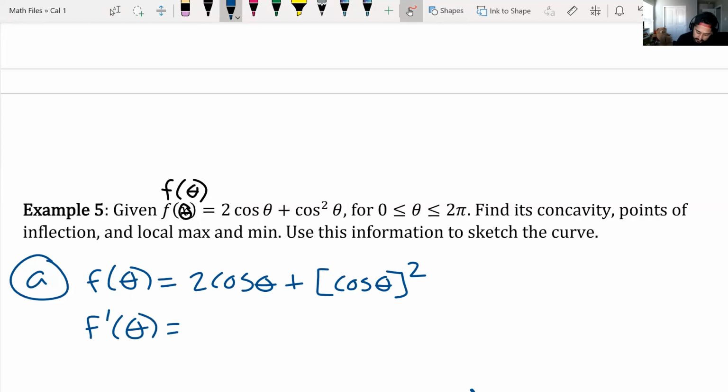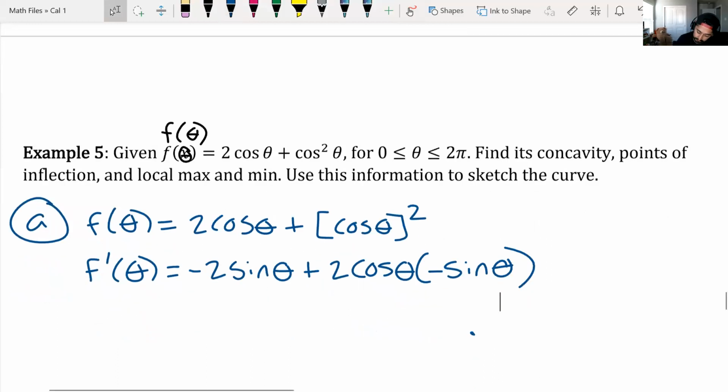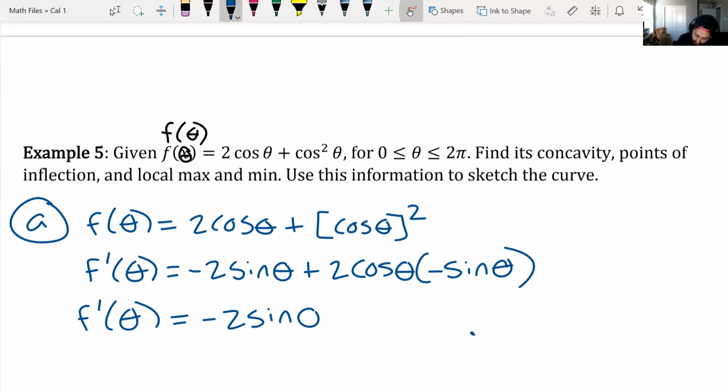F prime theta is negative 2 sine theta plus 2 cosine theta times negative sine theta. And then f prime theta is negative 2 sine theta minus 2 cosine theta sine theta.